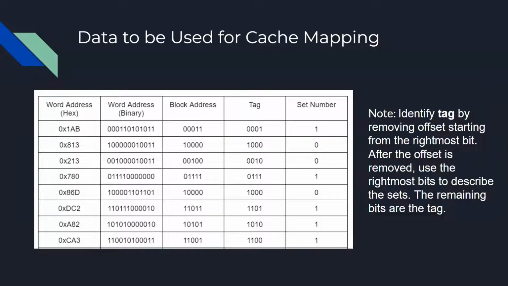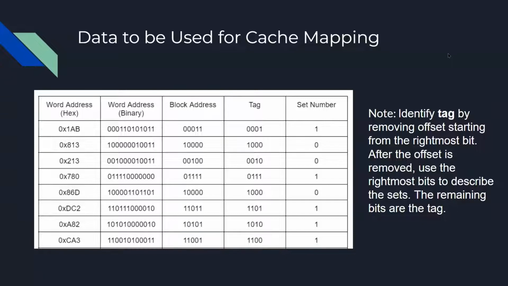So this is the data we're going to be using for the cache mapping. All the way on the left are the hex addresses that were shown in the previous slide. Right next to it is the binary version of those addresses. Next block over is the block address. That is the remaining address once the offset is removed.